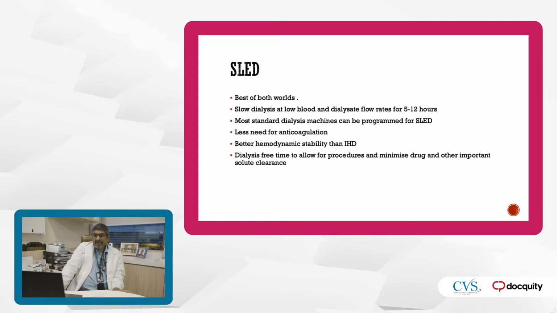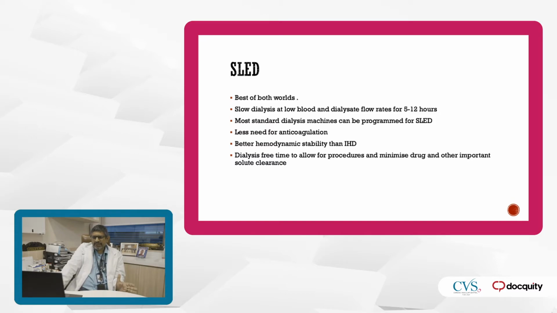Okay, what about SLED? SLED is the best of both worlds. It's a slow dialysis, with low blood flow and dialysis flow rates, run over 8 to 12 hours. Most standard hemodialysis machines can be programmed for SLED. There's less need for anticoagulation as compared to CVVH, but it gives you better blood pressure stability than intermittent hemodialysis.